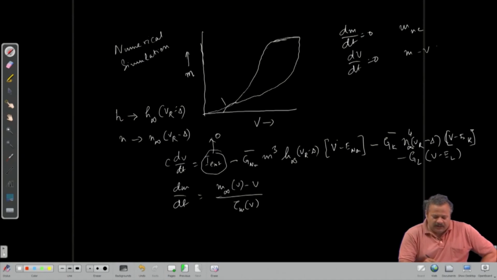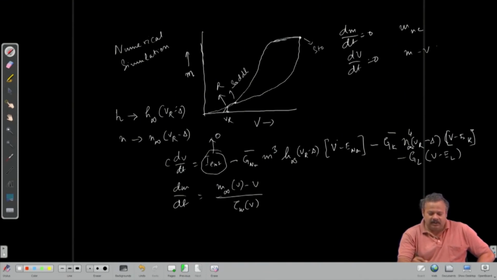This one is the resting membrane potential, our VR, which is around minus 60 millivolts. This is a saddle node, and this is again a stable node.